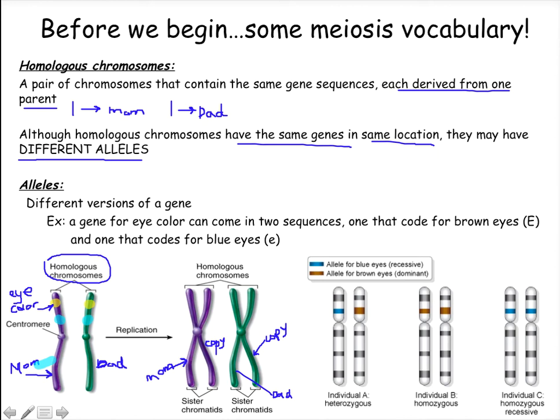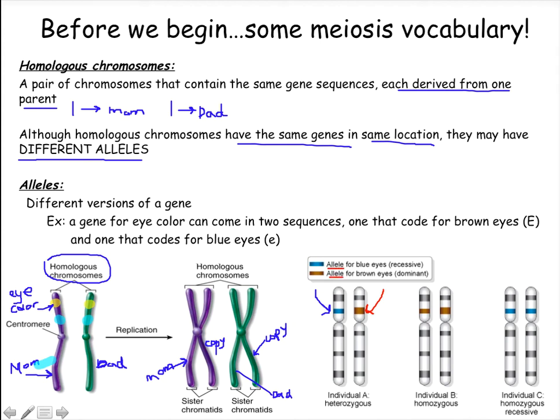But I want you to notice that sometimes that eye color gene might be a sequence that gives you blue eyes, or it might be a sequence that gives you brown eyes. So the chromosome you got from mom may be carrying a blue version of that gene, while the chromosome from dad, still an eye color gene, may be carrying a brown version. These two different versions are called alleles.